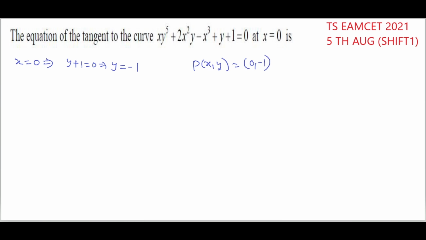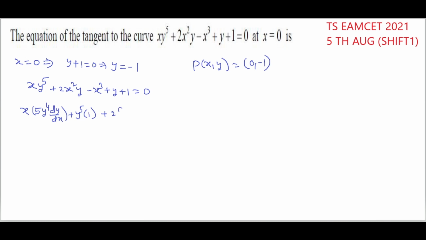Now we find the slope of the curve. The given curve is xy^5 + 2x^2 y - x^3 + y + 1 = 0. So take differentiation. This is xy^5, UV method: x into the derivative of y^5, that is 5y^4 into dy/dx, plus y^5 into the derivative of x, which is 1.